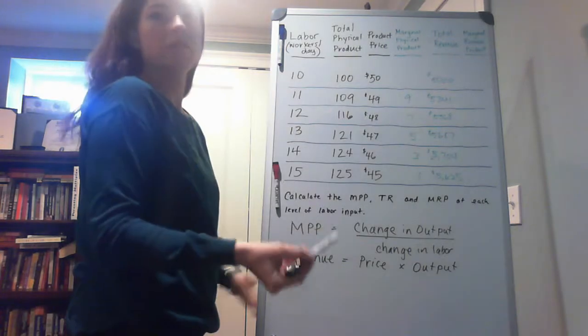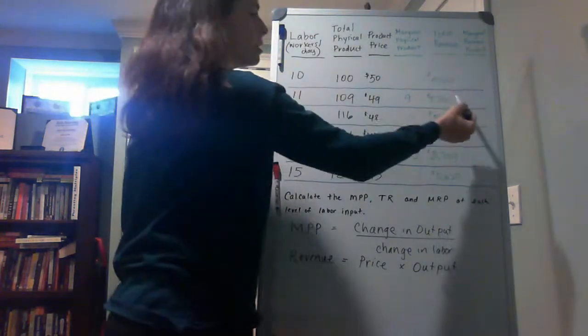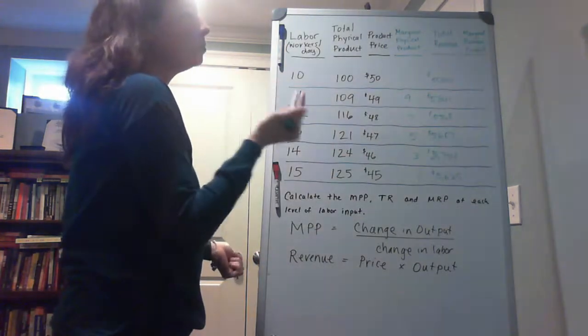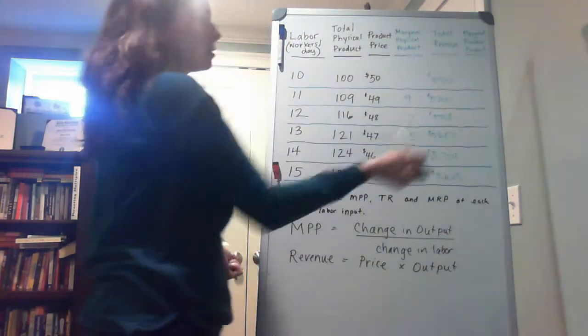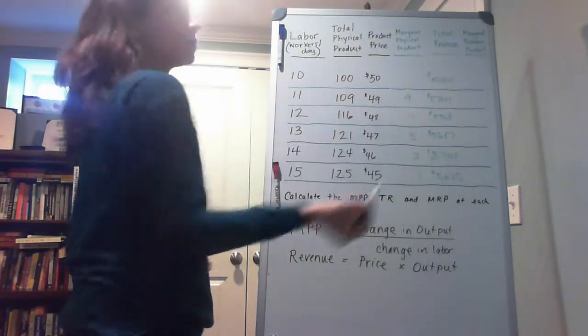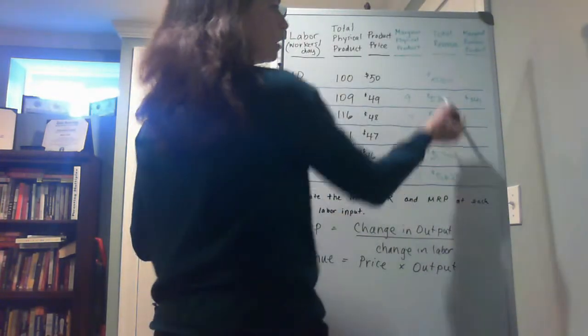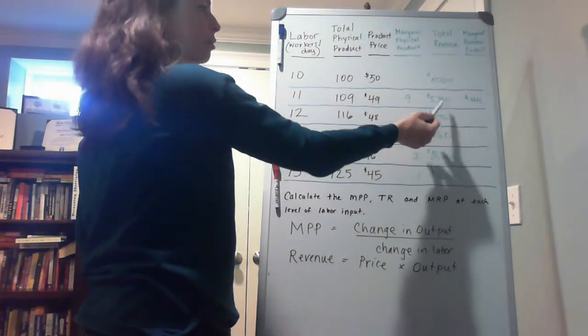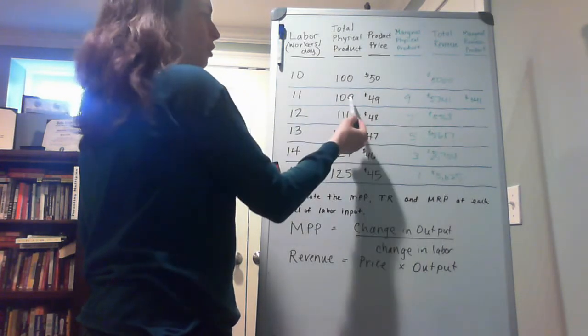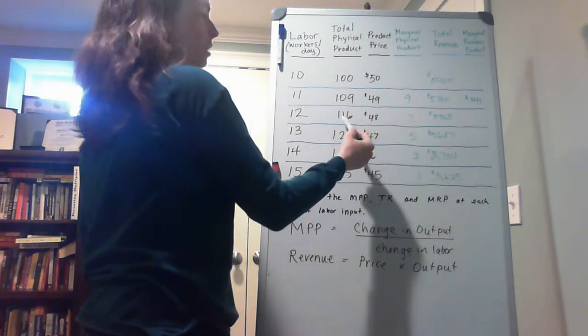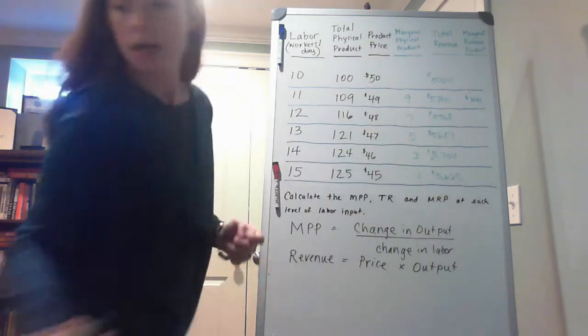So what's the difference? In this case, you're just going to simply subtract your revenues one from the next, just like we did with the marginal physical product. So in this case, it would be $341. If we do the subtraction here, how much more revenue do we get going from 109 units of revenue to 116 units?